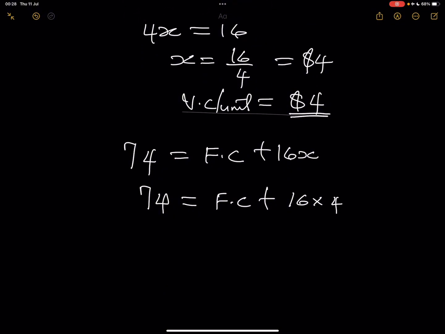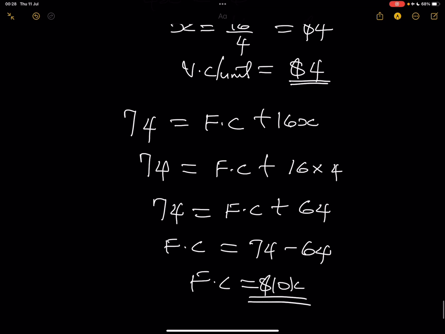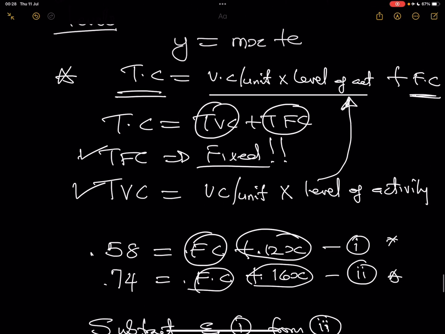And 16 times 4 is 64. So 74 equals fixed cost plus 64. Then fixed cost equals 74 minus 64. So our fixed cost is 10,000.